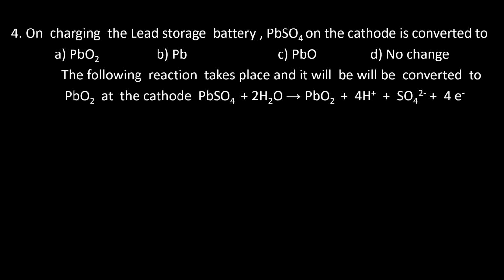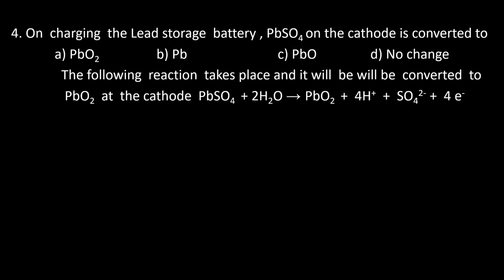PbSO4 plus 2H2O gives PbO2 plus 4H plus SO4 2 minus plus 4 electrons. So the correct option is PbO2. Here in the lead storage battery, the anode is lead and the cathode is a grid of lead that is packed with lead dioxide, and whatever reactions take place during discharging will be reversed during charging.